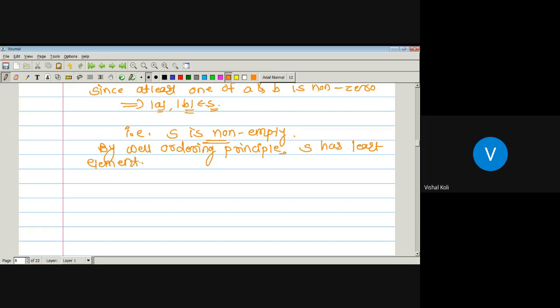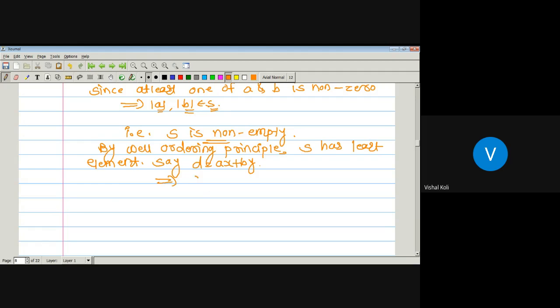Okay, so let us say d equal to ax plus by be the least element of that set S. Now as d is the least element, it means it is less than all the remaining elements.